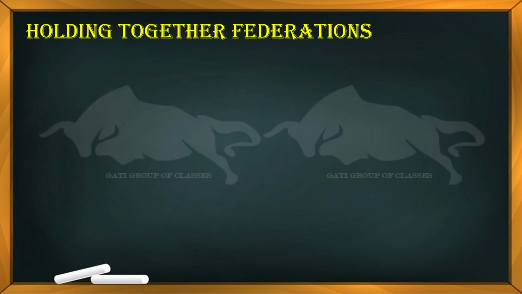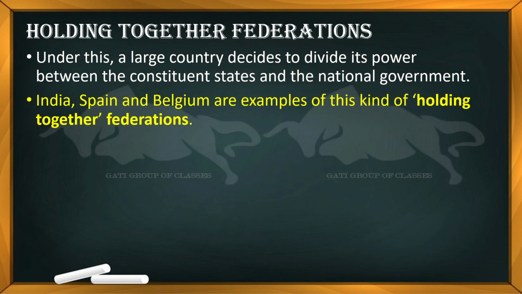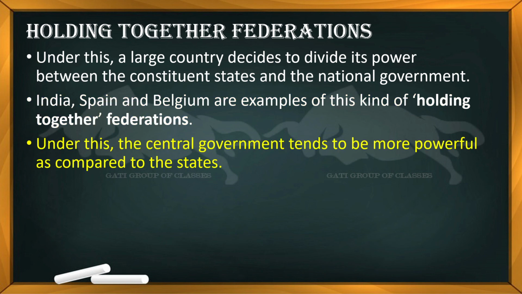Okay, so next is the holding together federation. This is the second kind of federation. In holding together, a large country decides to divide its power between the constituent states and the national government. It means that the central government is more powerful than the state governments. India, Spain, Belgium are examples of the holding together federation.